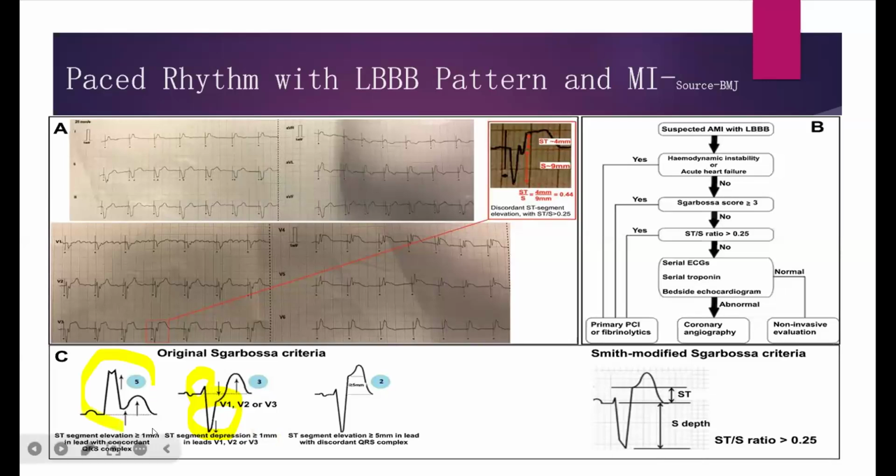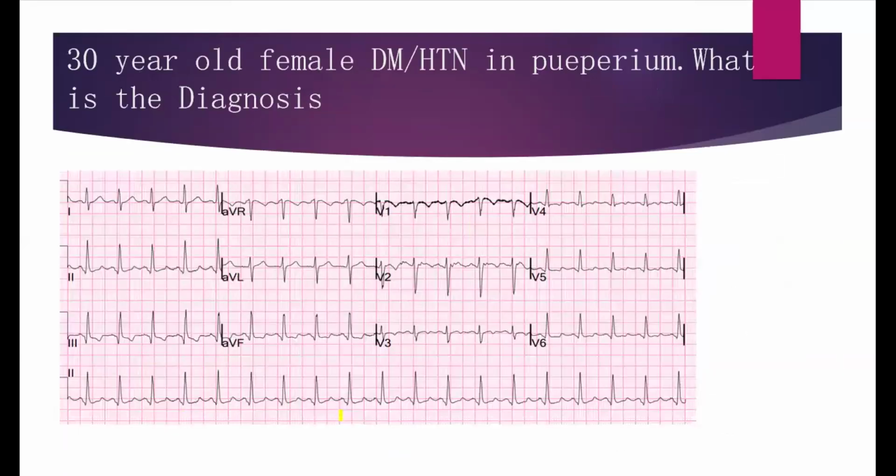And when you have a concordant LBB, where the R and the S are pointing at the same side, then you need 1 millimeter of ST elevation in a concordant LBB. And then when you have ST elevation in patients who have discordant RS, then you need more than 5 millimeters. So that is generally it. So when you have a new LBB, always think the patient may be having an MI. So then you can go and check whether your troponins rise and fall in such patients.